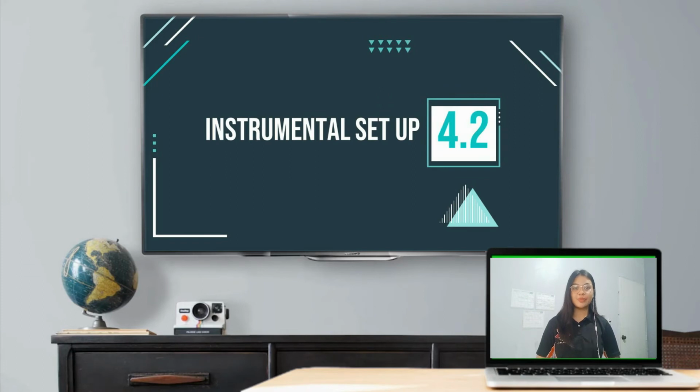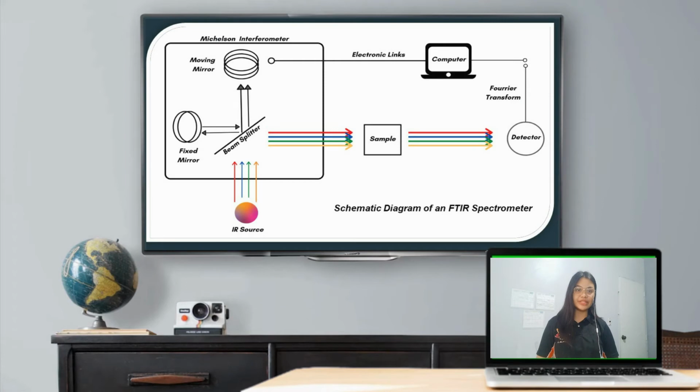Next is the instrumental setup. We have here the schematic diagram of an FTIR spectrometer. We can observe that a large portion of the instrument consists of the Michelson interferometer, which is actually a core component of FTIR spectrometers and makes the instrument distinguishable from any other classical spectrometers.